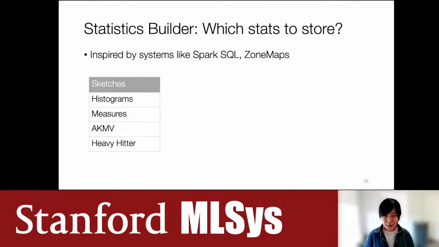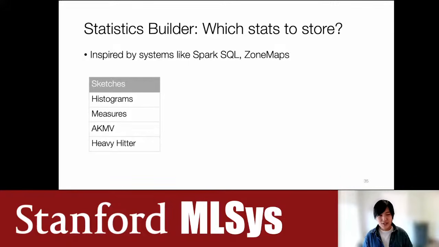As I have hinted before, existing systems already store some lightweight stats, such as min and max, for each partition as metadata. So our idea is to expand and build on these existing statistics to contain richer features that we can do more with. Specifically, we propose to use a set of sketches: histogram, measures, distinct value, and heavy hitter.